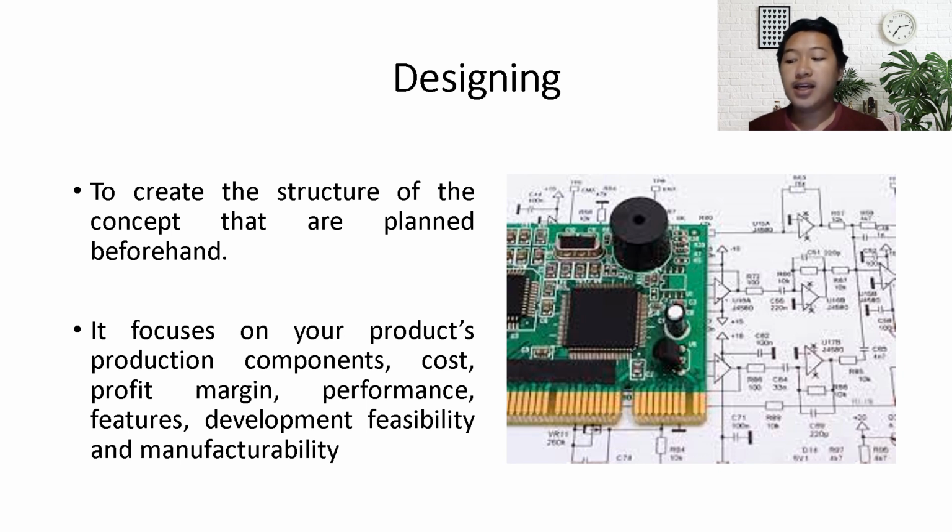Here in designing, the first step is to produce the system block diagram, or the schematic diagram of your product, of the electronic. Next is the selection of production components. So you look for parts necessary for the product, or the components to be used in the product.